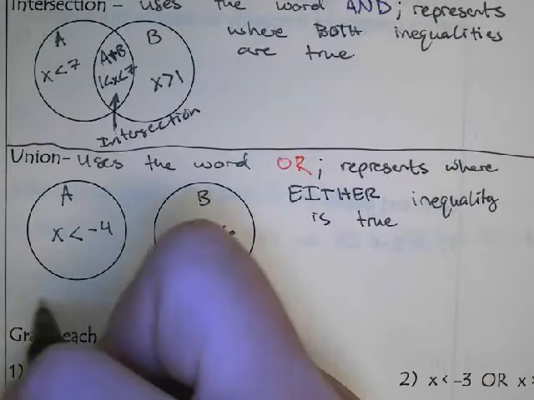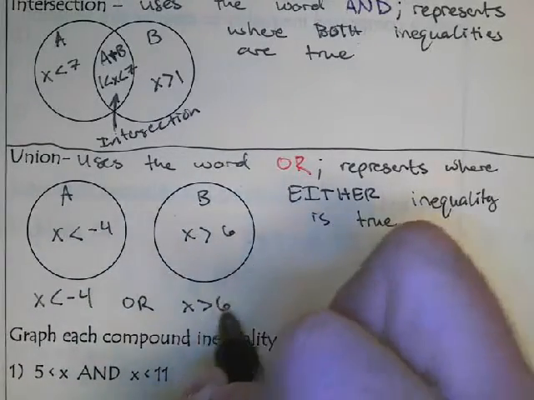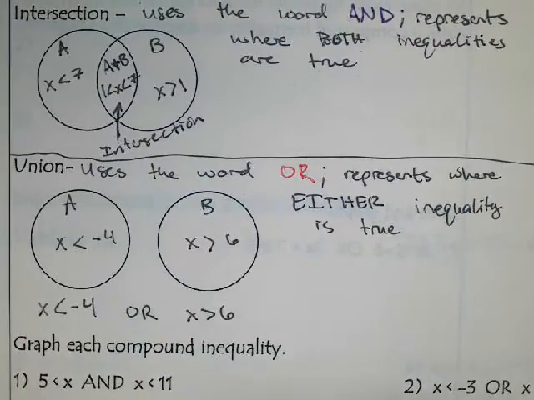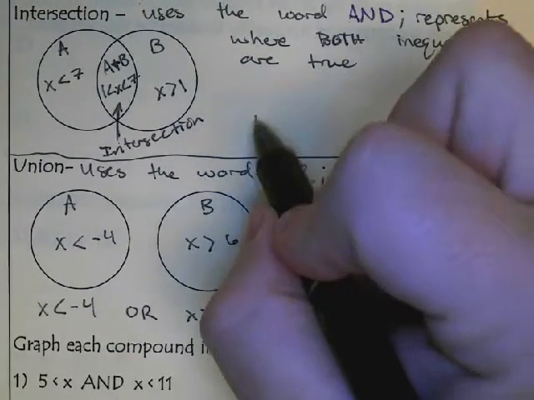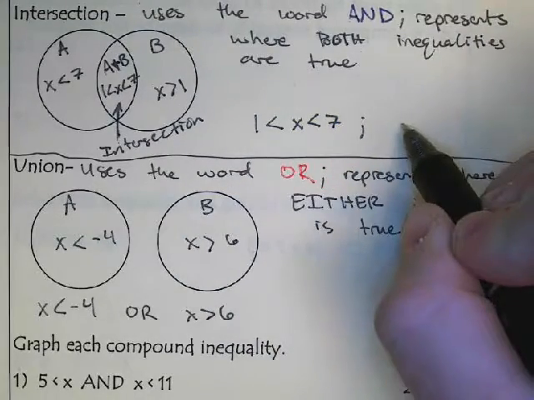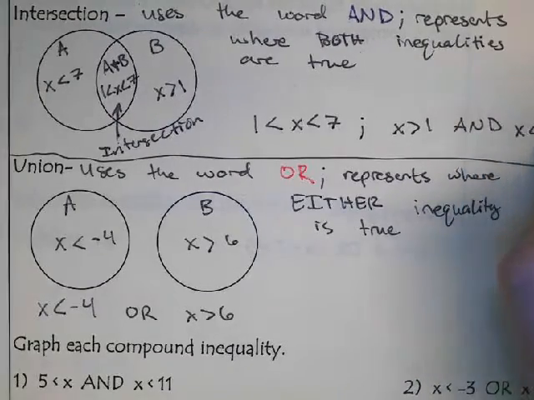The way we'd write the union is x is less than -4 or x is greater than 6. And in our intersection we have two ways of writing it: 1 is less than x is less than 7, or we could say x is greater than 1 and x is less than 7.